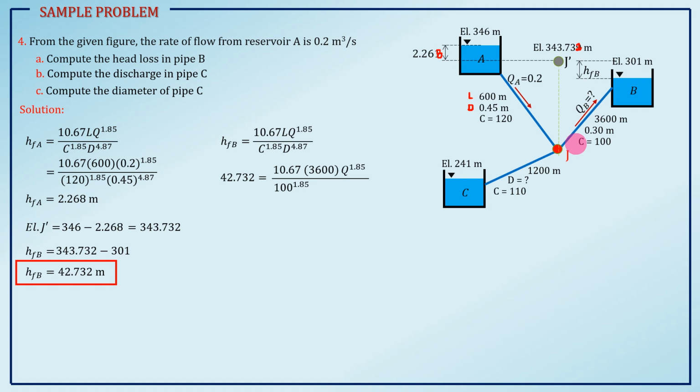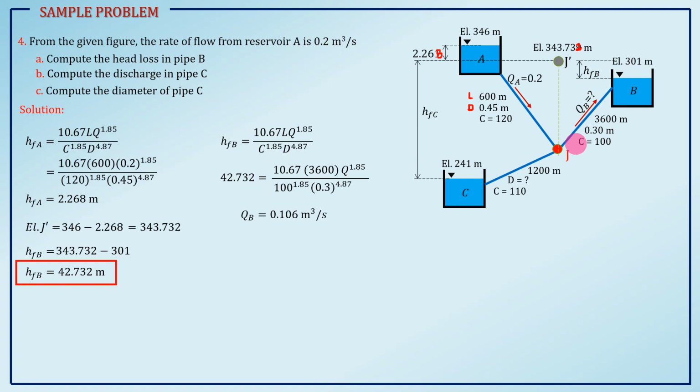D is 0.3, raised to 4.87. Here, the only unknown is Q at point B, so we solve for QB. QB is 0.106 cubic meter per second.